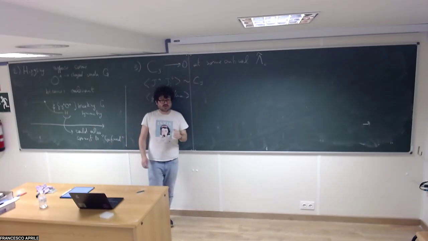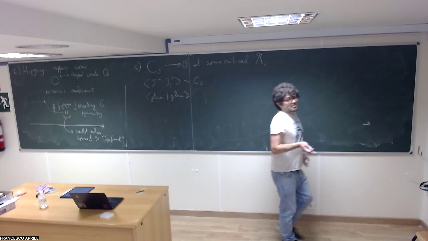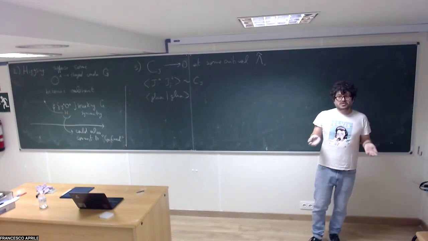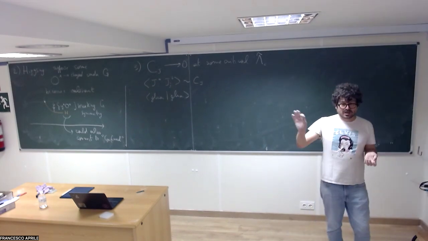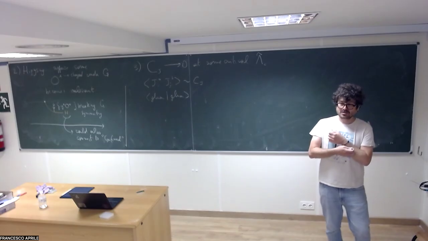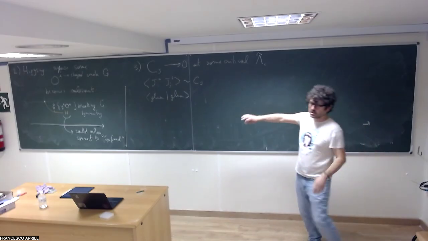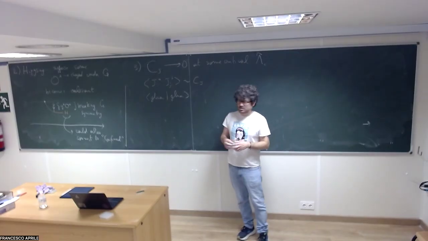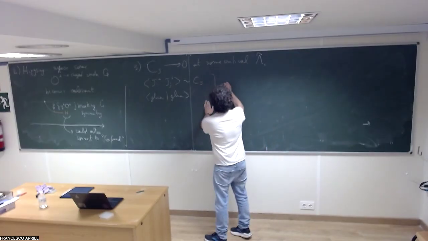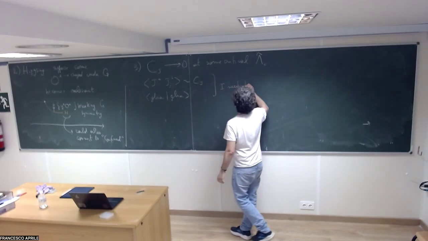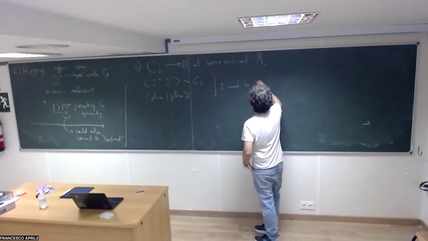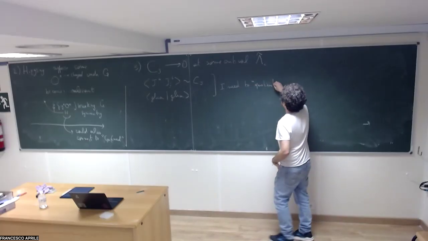And when I have null states, usually what we say is that we quotient out the stuff that's becoming null, and I just restrict to a subsector. So I need to quotient out whatever that means.